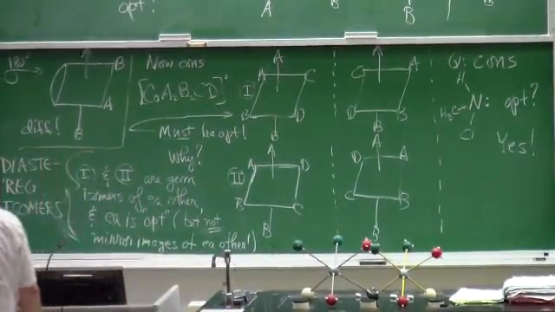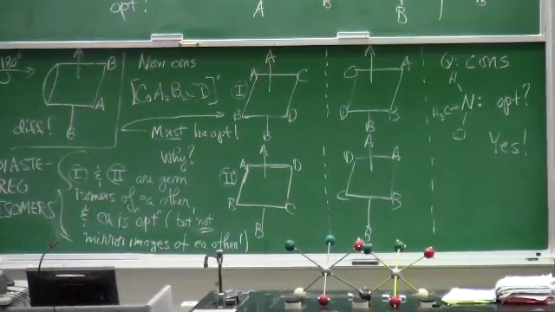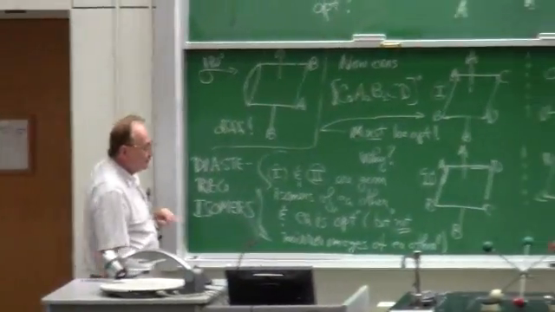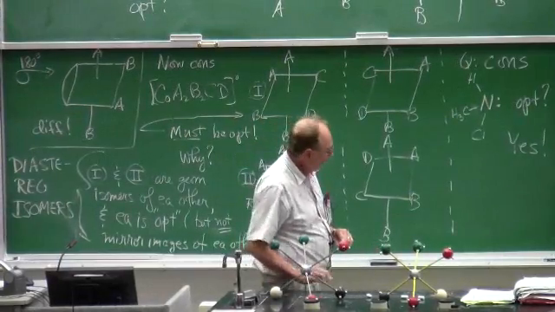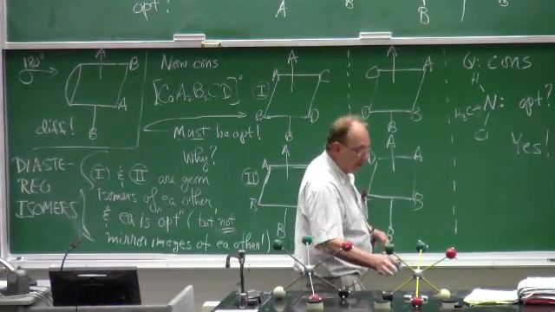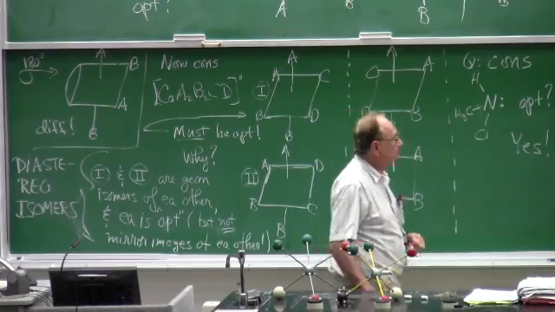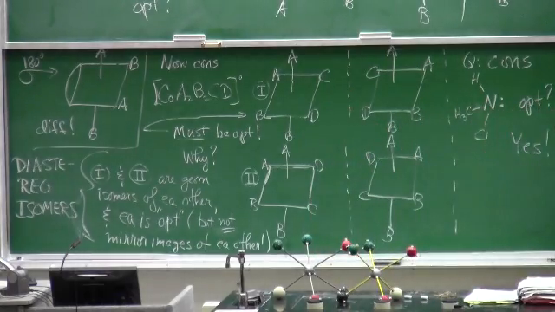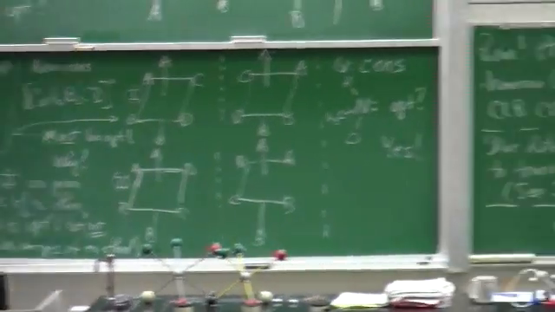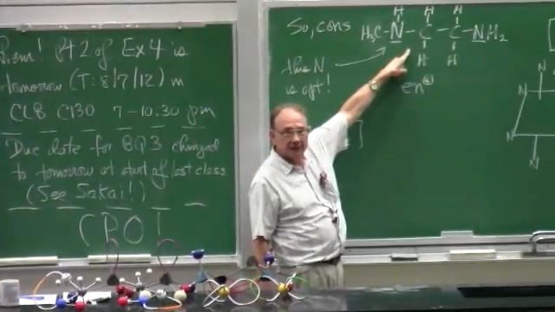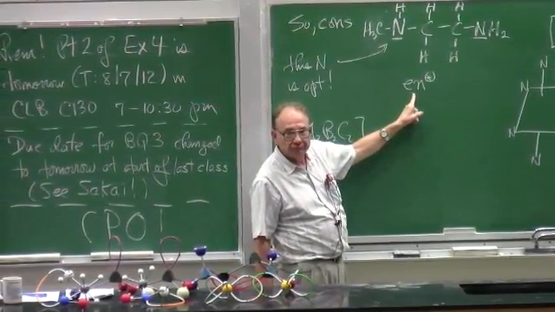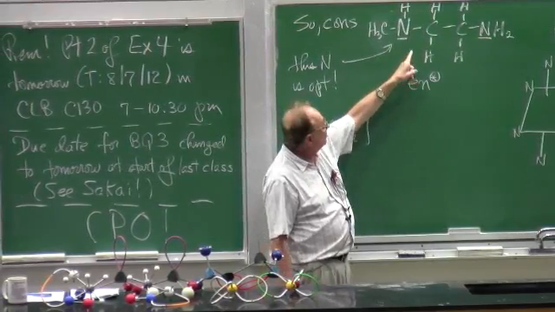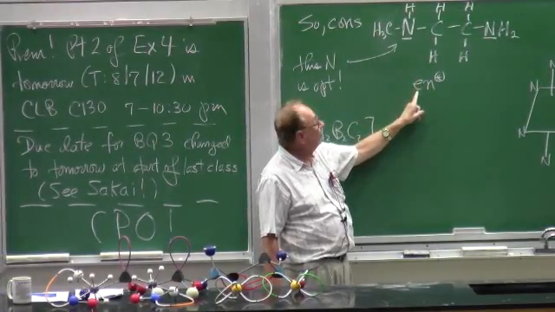So with that, let's take a look at one last complex. And for this last complex, I'm going to consider this as a substituted version of ethylene diamine. Notice the similarity of this ligand to ethylene diamine.